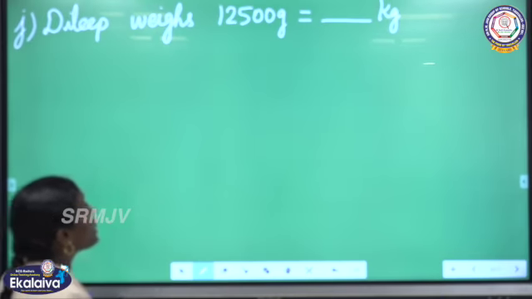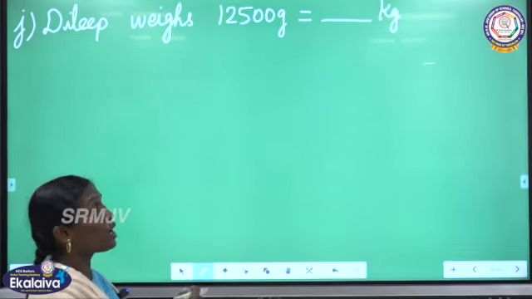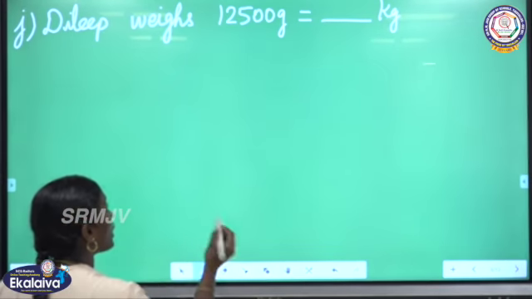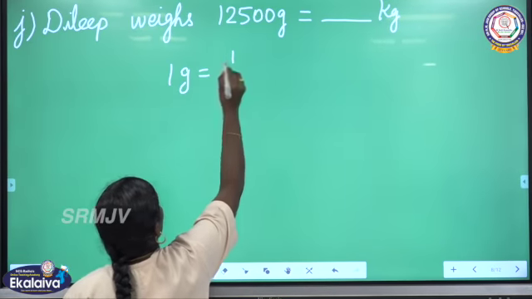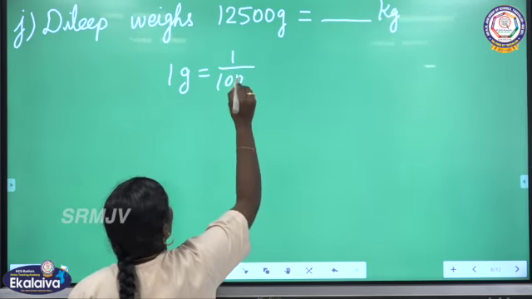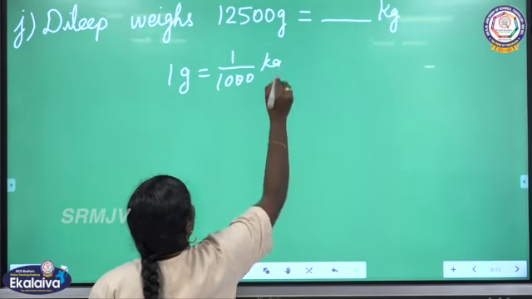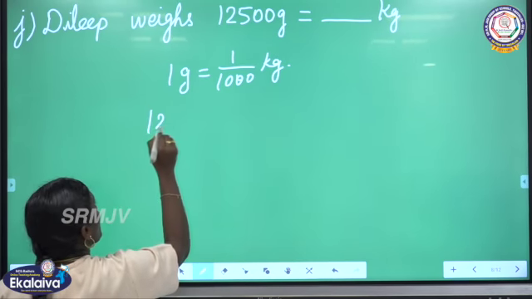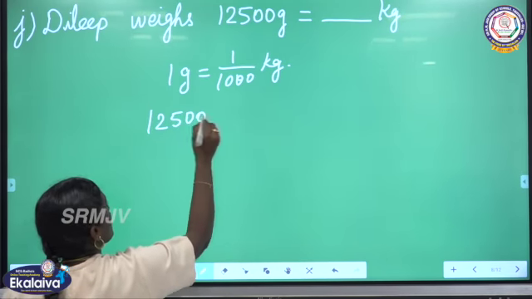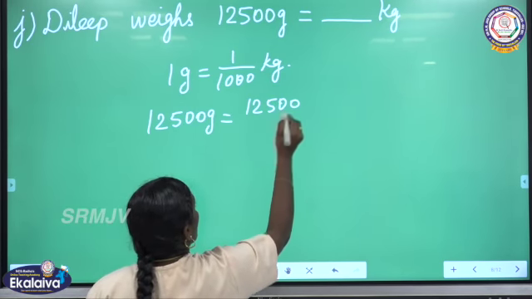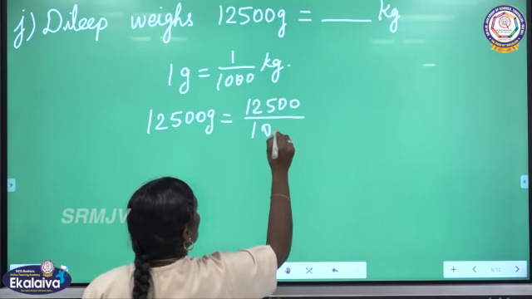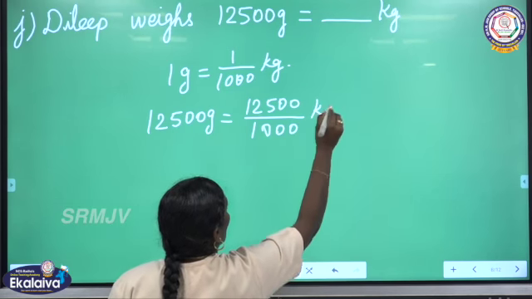The next one, Dilip weighs 12,500 gram. We have to write in kilogram. Gram to kilogram, smaller unit to greater unit, so that is division. 1 gram is equal to 1 by 1000 kilogram. Here we are having 12,500 gram, which is equal to 12,500 divided by 1000 kilogram.